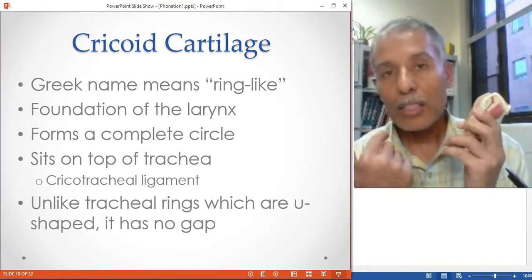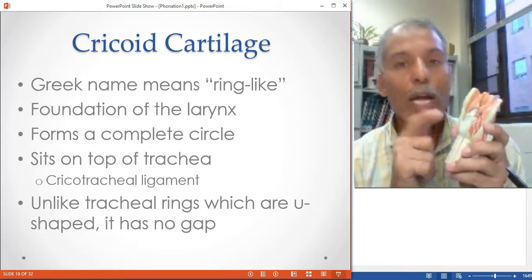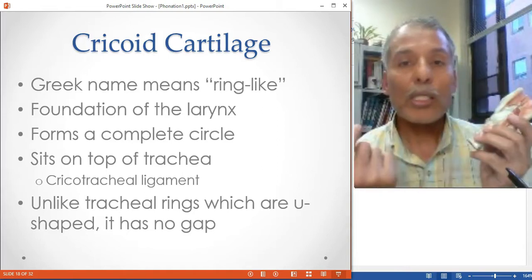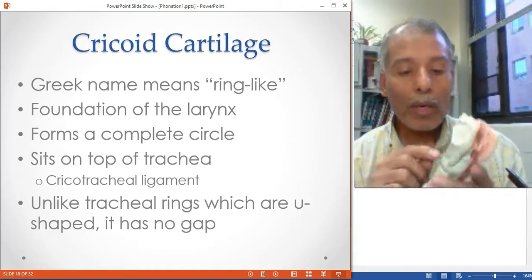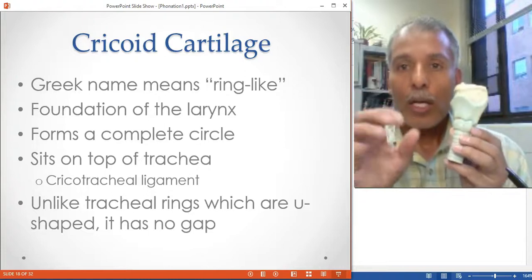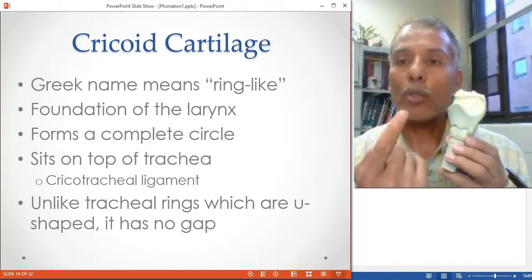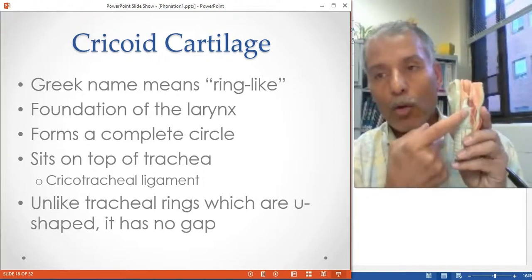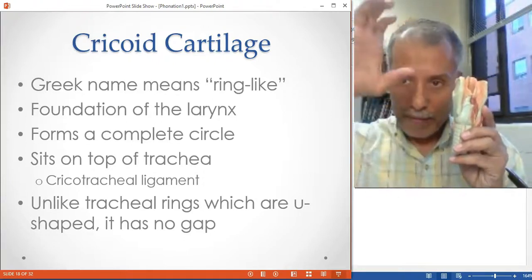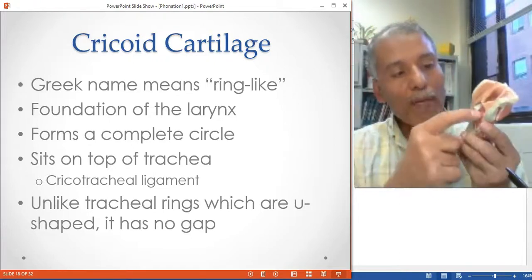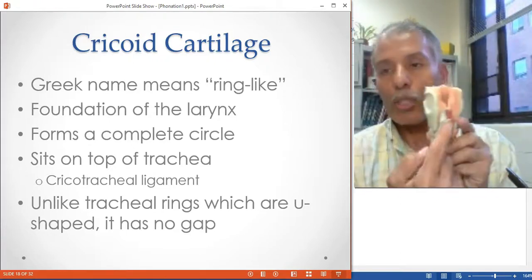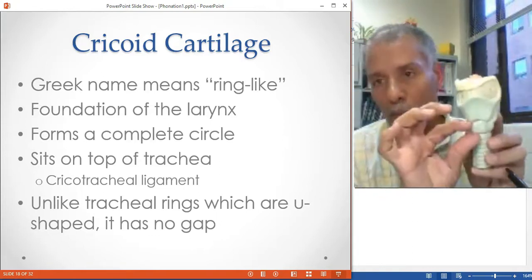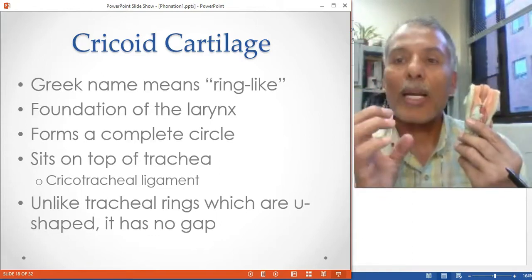I'm going to ask you to know the difference between the cricoid cartilage and the tracheal cartilages. What is the difference? The cricoid is larger and closed all the way around. The cricoid is not symmetrical. The back of it is quite big and elevated because you want the arytenoids to sit on it, and the front of it is very small, shaped like a signet ring.